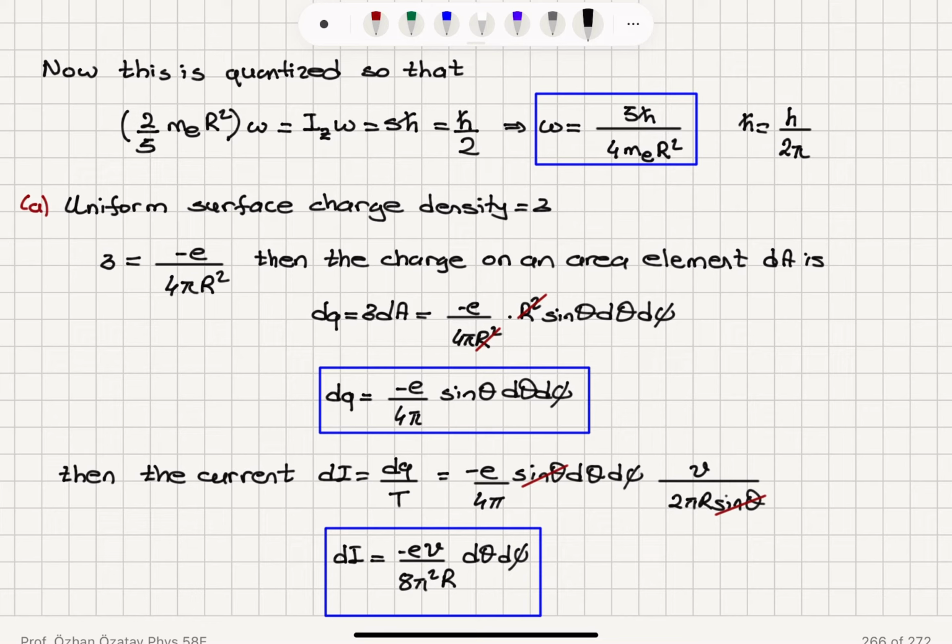So this T is the period. The tangential speed v is 2 pi r sine theta, the circumference of the circle, divided by the period.